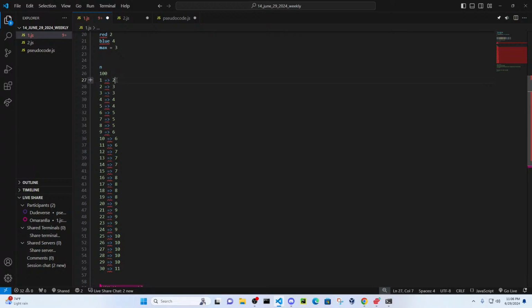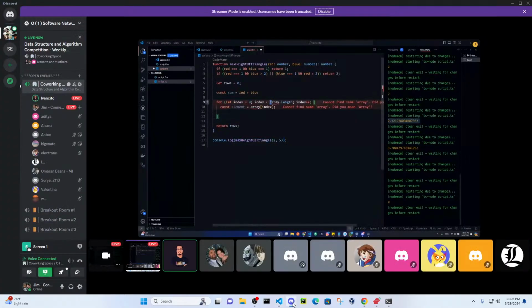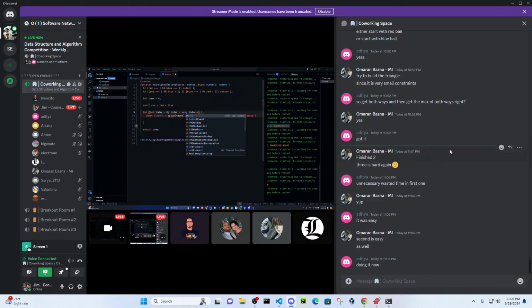So for index, right, equal to 0, and while index is less than the sum, index plus plus.